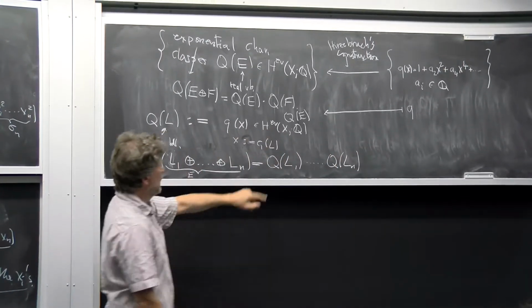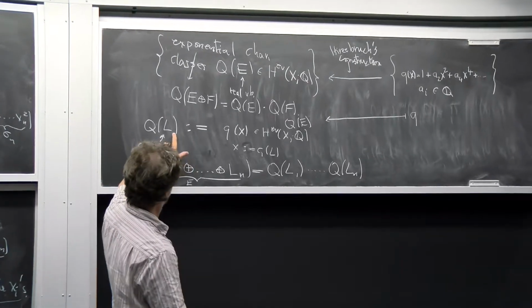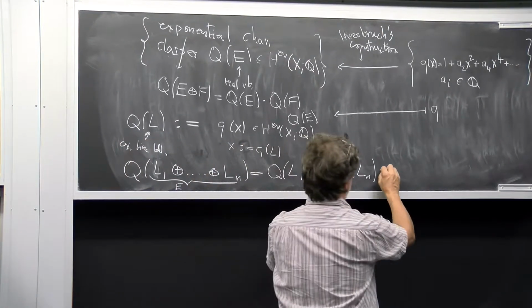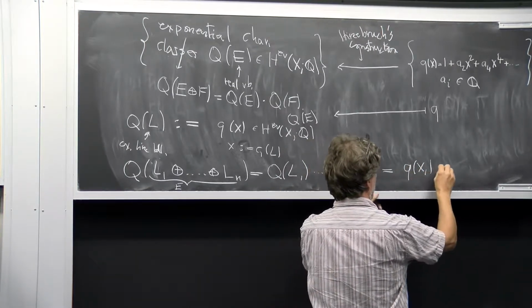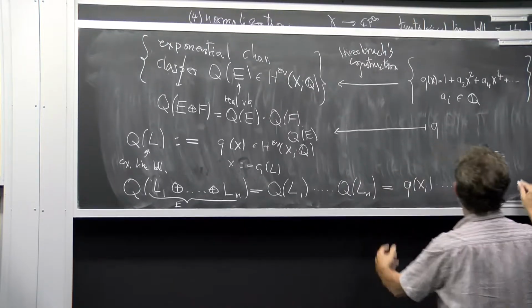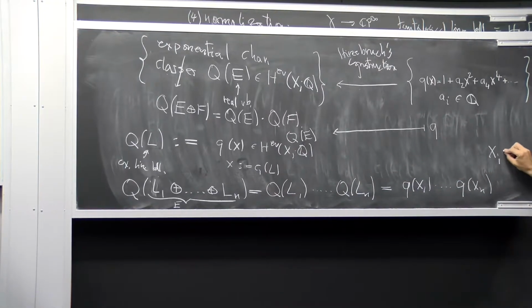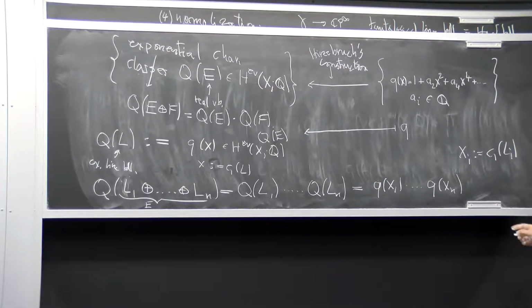But Q of each of these line bundles we already know, by this assumption. So this would be the power series applied to x1 times the power series applied to xn, where xi, as before, is the first Chern class of the ith line bundle.